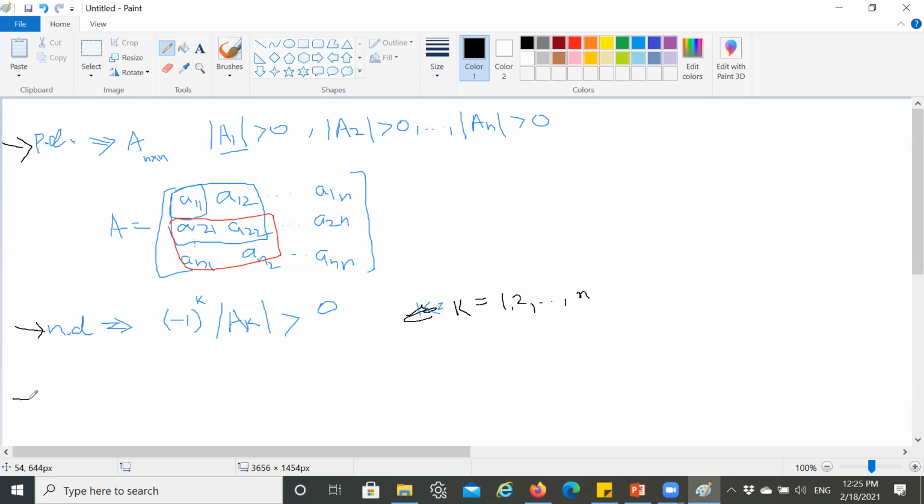The third case is... Sorry, may I ask? Yes, sir. The top left determinant or corner means that, for example, A3 means it's a 3 by 3 matrix.